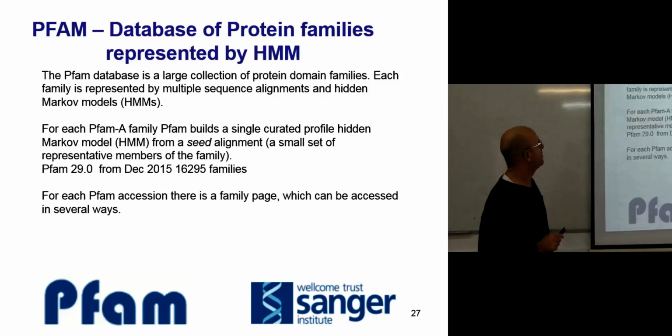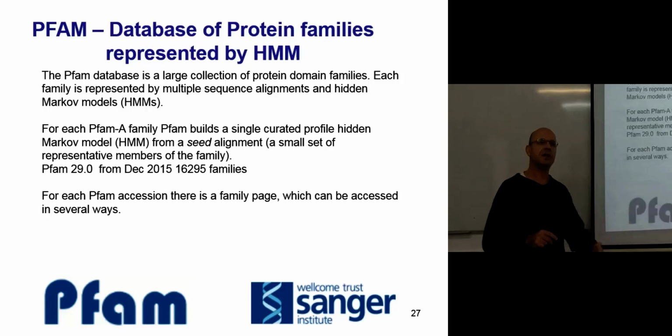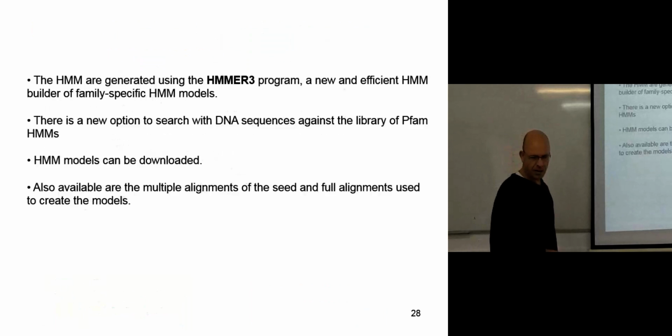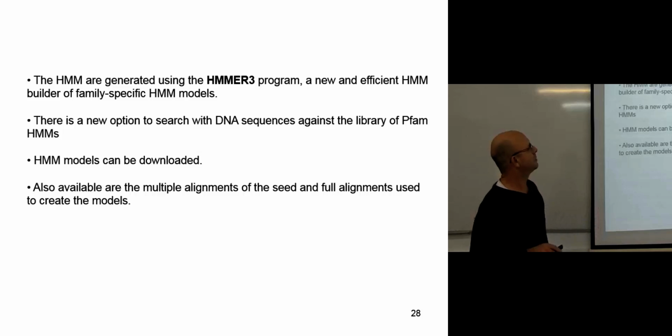Technically, they divide Pfam into Pfam-A and Pfam-B, which differ by the quality level of the data. The HMMs are generated using a program called HMMER, a program for multiple sequence alignment using hidden Markov models.